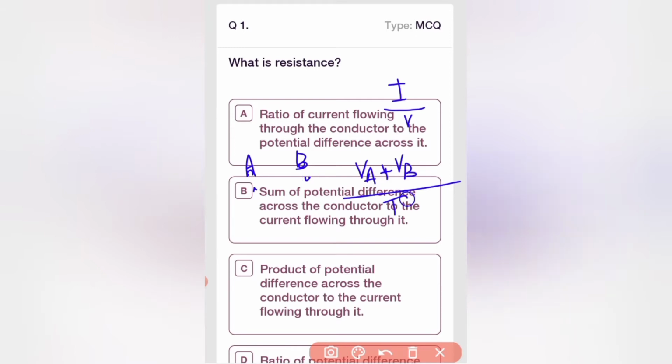Third, the product of the potential difference across the conductor to the current flowing through it, VA into VB divided by I.